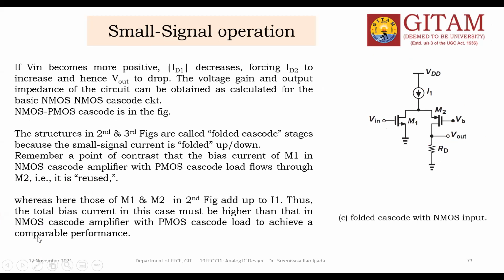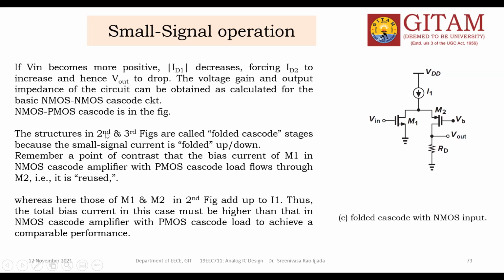The bias current of M1 in NMOS cascode amplifier with PMOS cascode load flows through M2. It is reused. Ante reused ante just current flowing through M1 from M1 through M2 ana lekapothe reused ki inkedana meaning unda sir? ఇదేనా? Dan paina sir. second paragraph. Second para. Yes, sir. Yes, sir. Yes, sir. Yes.